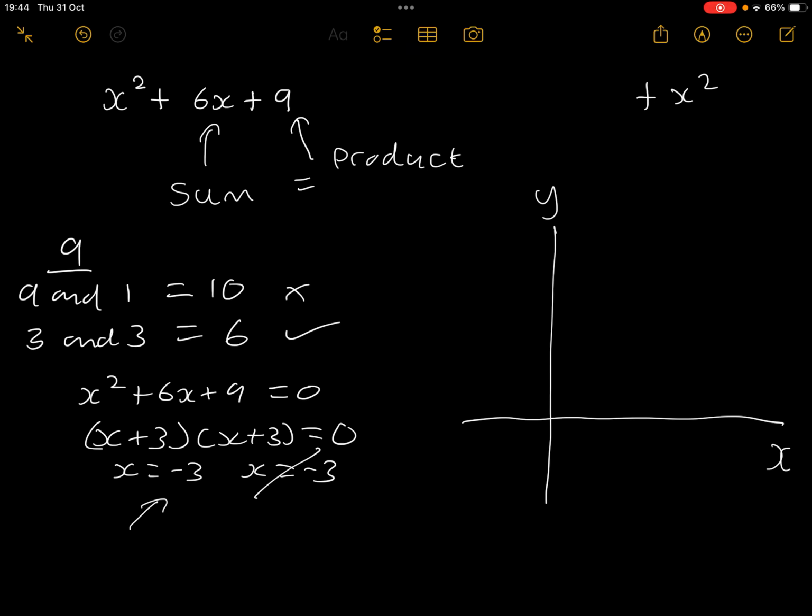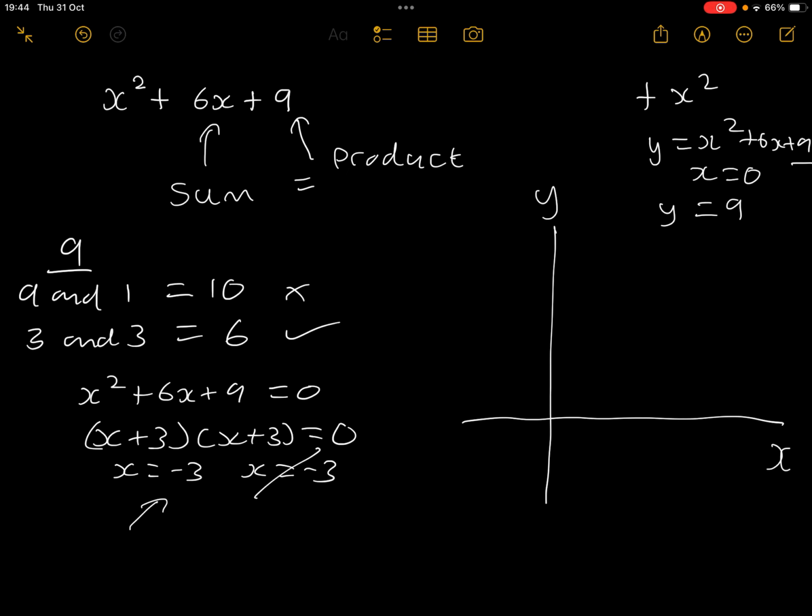But in terms of knowing where our y-intercept is, that's another problem. As the question will be written as y equals x squared plus 6x plus 9, in order to find out where our y-intercept is, you just set x equal to 0. Therefore, y must equal 9. You could also do that by just looking at the number without an x, which would just be the 9.